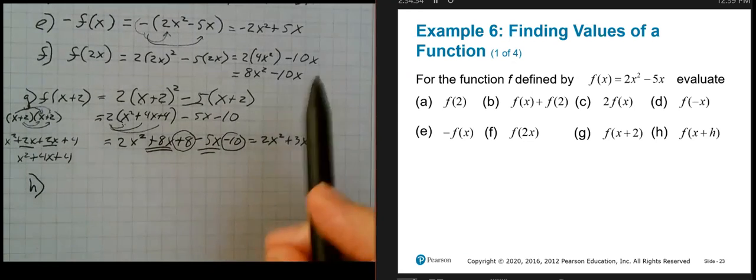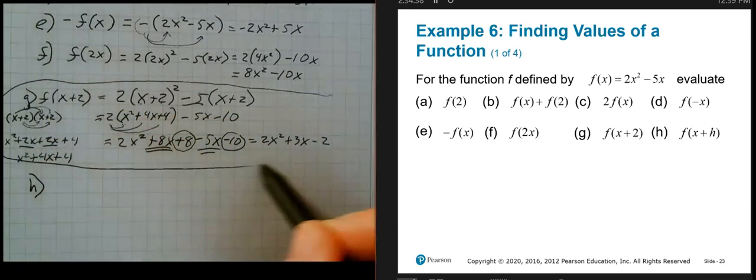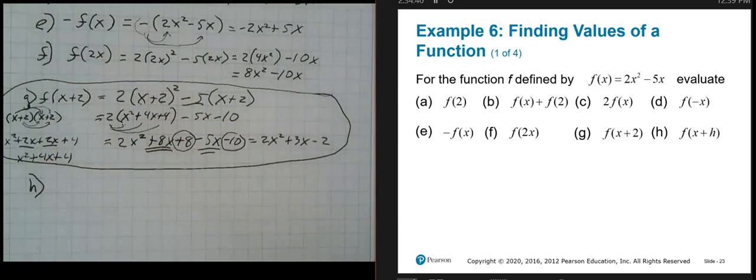We're going to do the same process we did here and simplify as much as we can. But with f of x plus h, you will see that there's no combining of like terms. But we'll discover that in a second.